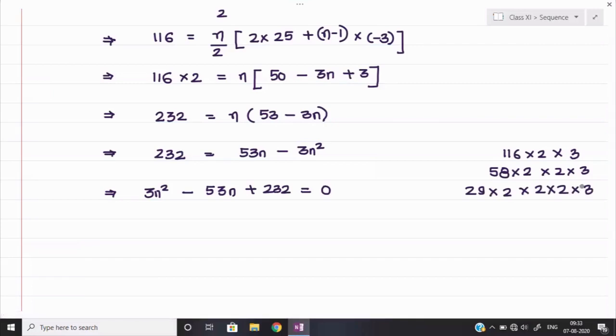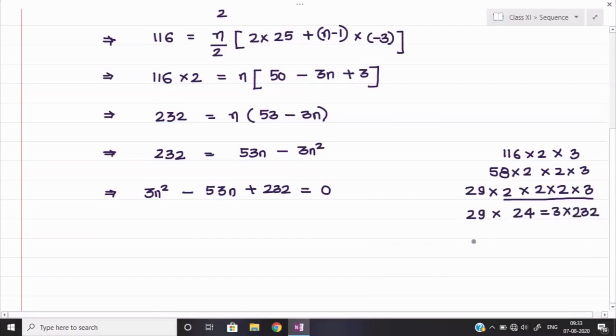So 2 into 2 is 4, 4 into 2 is 8, and 8 into 3 is 24. If I multiply all the 2, 2, 2 and 3, this will give me 24. So observe, 29 into 24 will definitely be equal to 3 into 232, the multiplication required, and 29 plus 24 will be equal to 53.